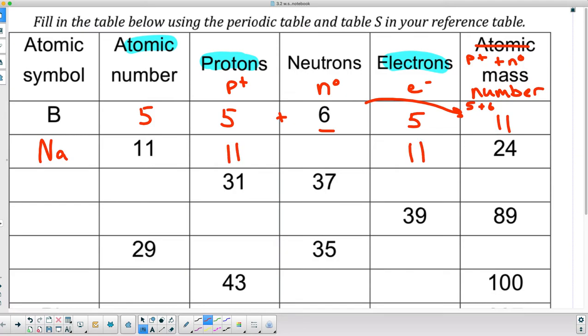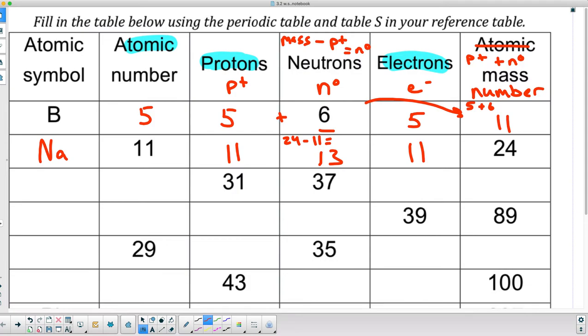Now if I'm looking for the number of neutrons and I have my mass number, that means that my mass number minus the number of protons equals the number of neutrons. So 24 minus 11 equals 13 neutrons. So sodium in this case has 13 neutrons, because 24 minus 11 equals 13.